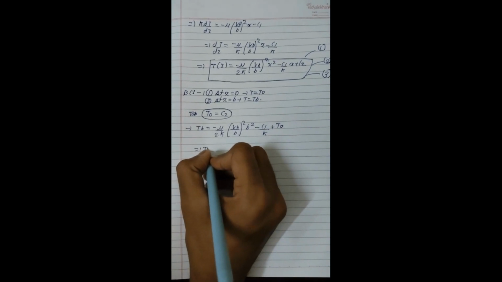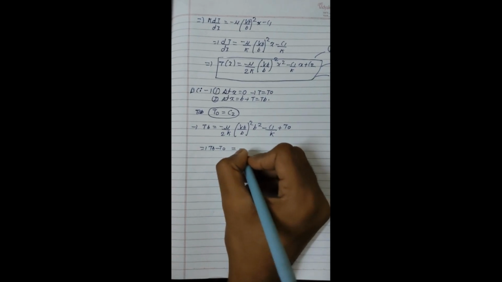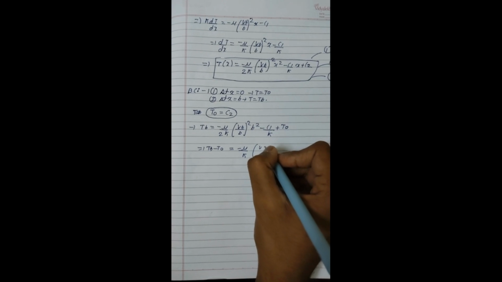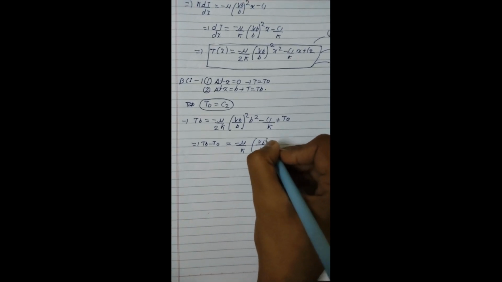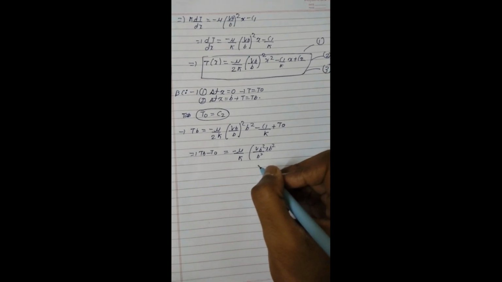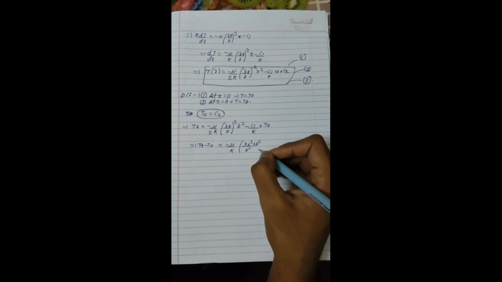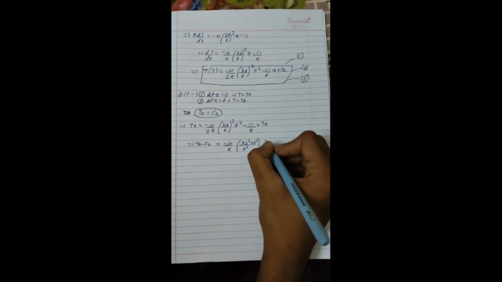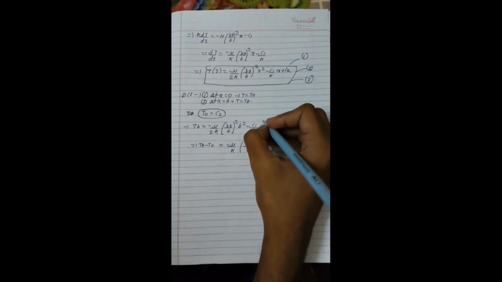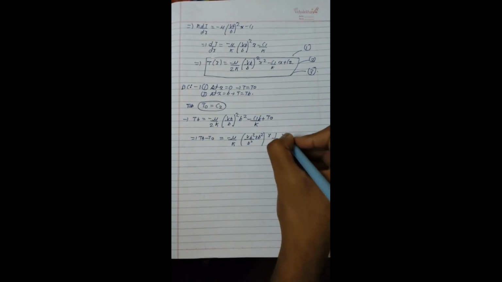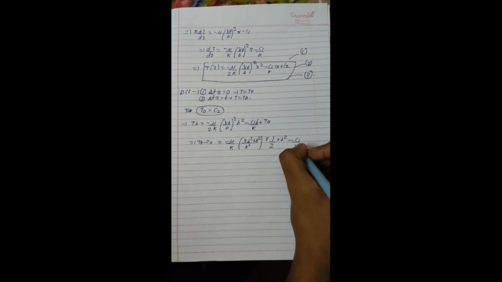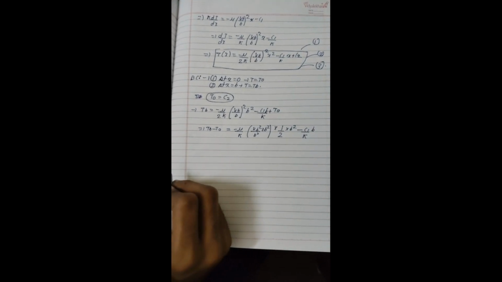We can write this as TB minus T naught is equal to minus mu upon k, Vb upon B square into B square, into 1 by 2, into B, minus C1 upon k into B. This is what we have got.